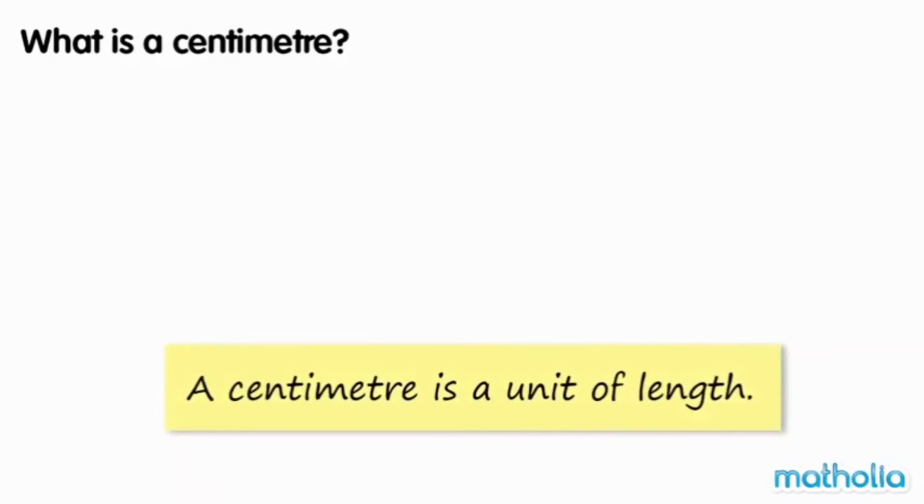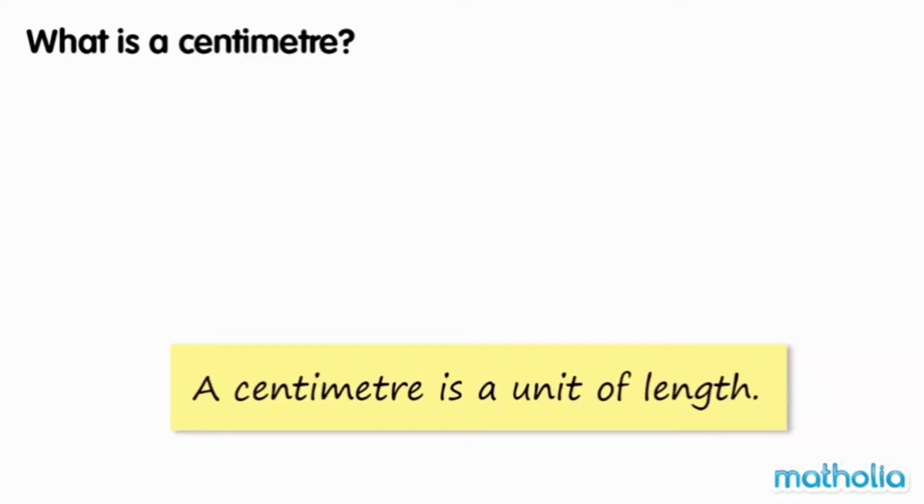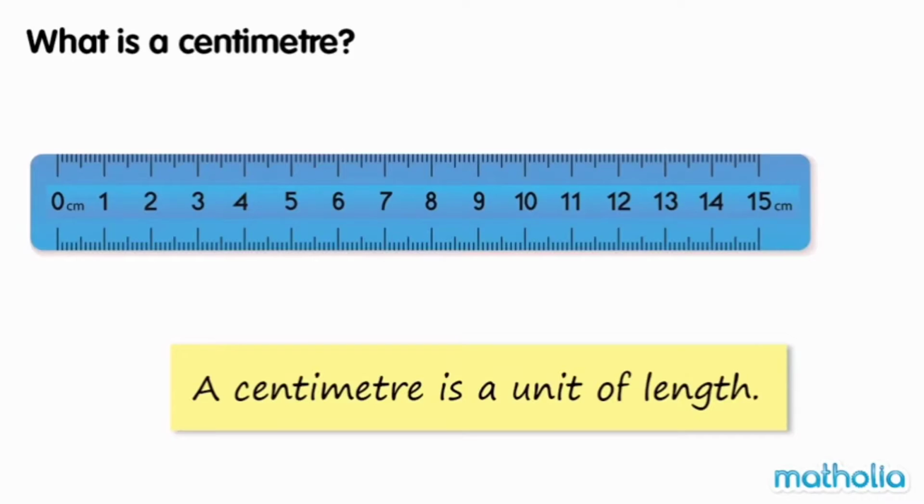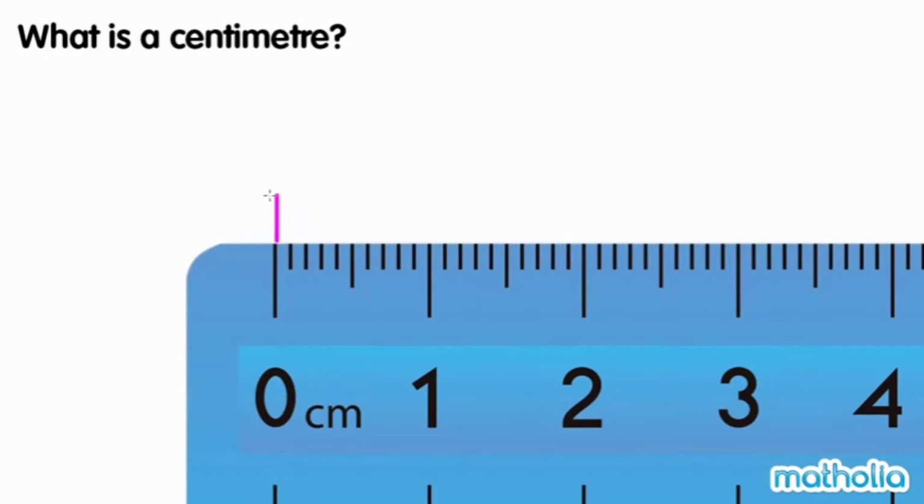What is a centimeter? A centimeter is a unit of length. We can measure centimeters using a ruler like this. We write 1 centimeter as 1 cm.